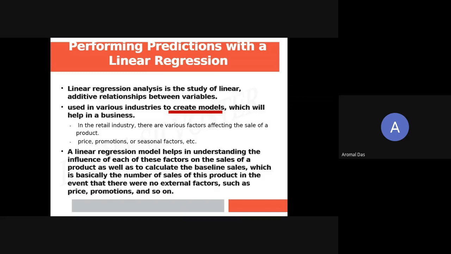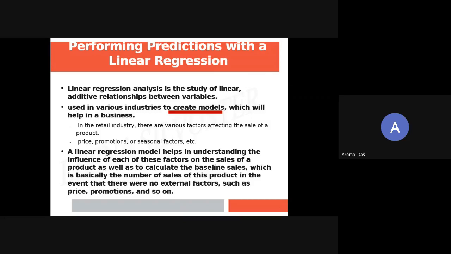A linear regression helps in understanding the influence of each of these factors on the sale of a particular product, as well as to calculate the baseline sale, which is basically the number of sales of this product in the event that there are no external factors such as price, promotions, and so on.